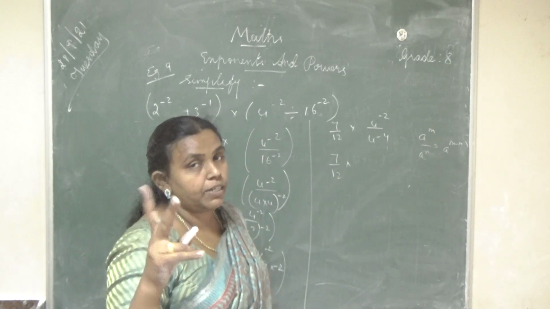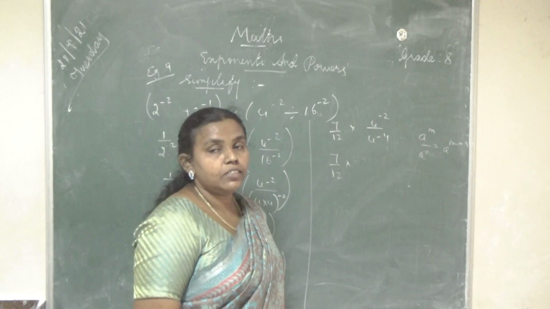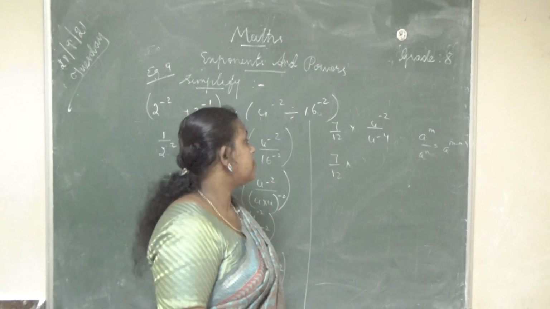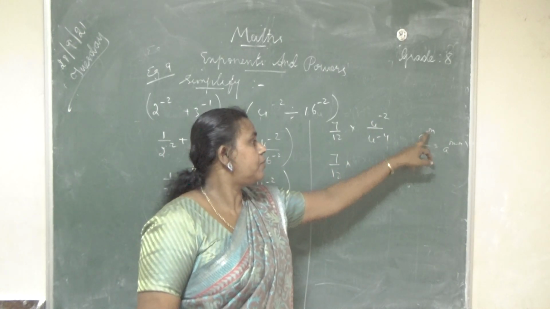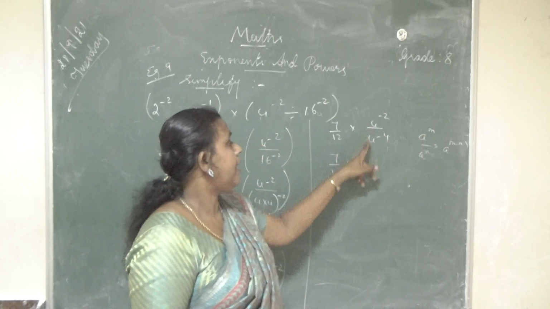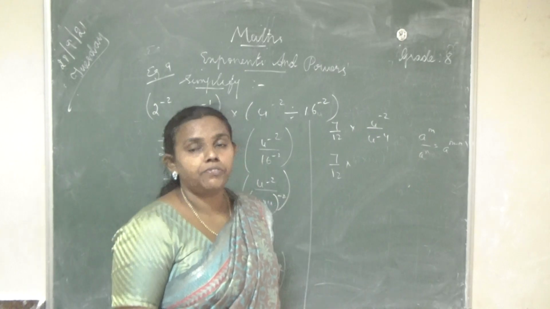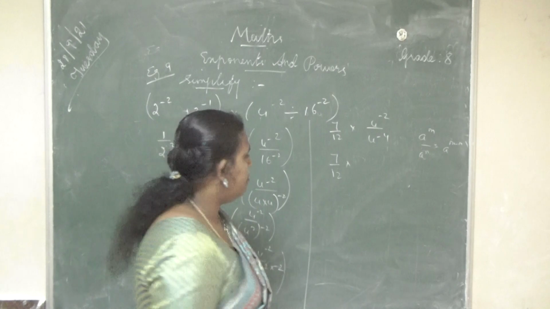While using these two laws, you will be getting confused. Again I am saying, don't get confused while using these laws, because you have to see the base. Base equal a in the formula. If this base is different, you have to use another one. Fifth formula. Fifth law, sorry. This is the second law. You have to use the fifth law.